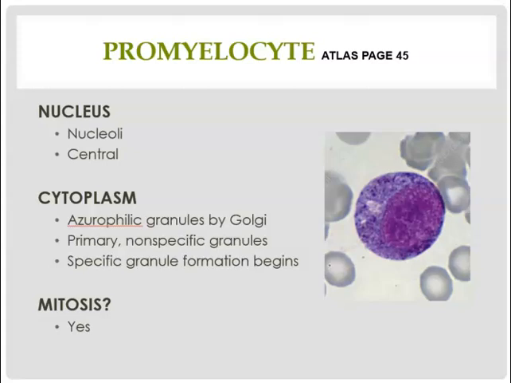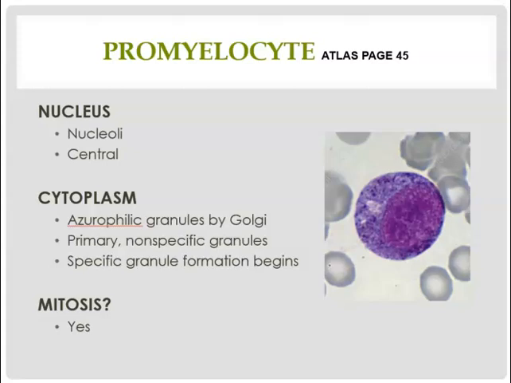The next stage is your promyelocyte. This is on page 45 in your atlas. Again, I would encourage you to look at your atlas so you can see more images. But in this stage, you can see nucleoli. The nucleus is said to be central, round to oval.